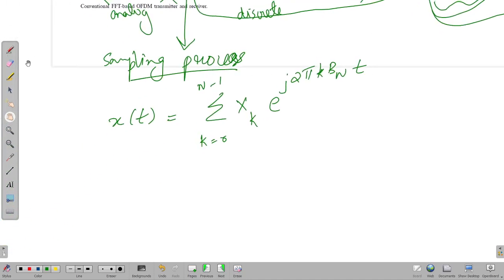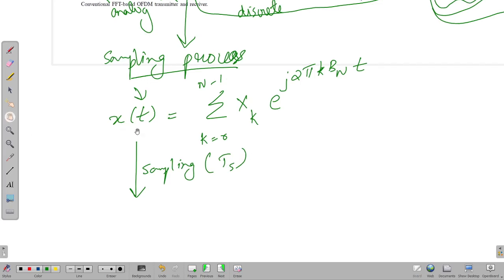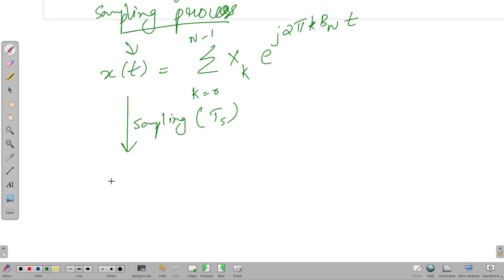This is in continuous time, and I need to perform a sampling operation, with sampling time T_s. So you have x of n T_s, where n denotes the different sample times 0, 1, etc. up to N minus 1.